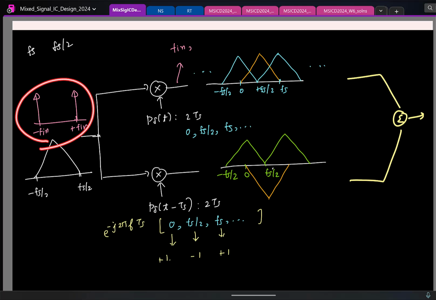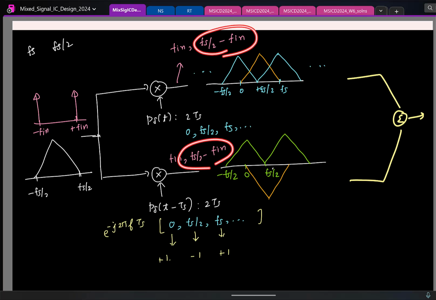Remember, this spectrum is getting convolved with these fellows. So with zero shift it is coming directly, that is something you want. And you will also have something at fs by 2 minus f in. Same thing will happen here also. I will have f in, fs by 2 minus f in. So you will have this aliasing part, but it turns out if I do this 2x interleaving, in each sub ADC I will have this tone at fs by 2 minus f in.